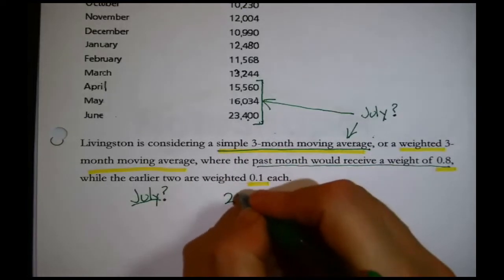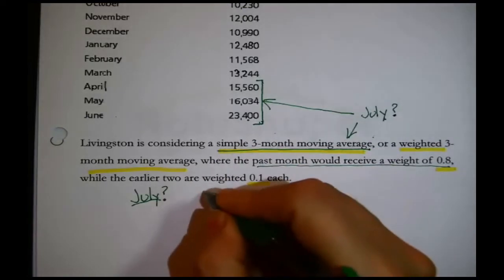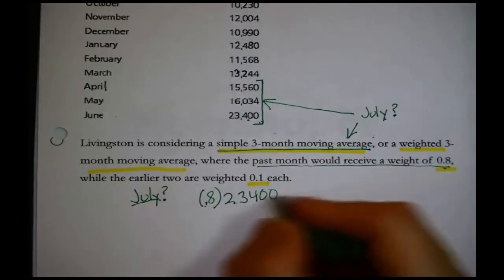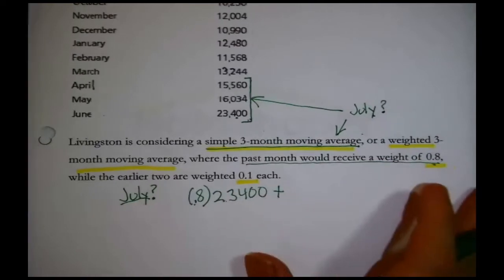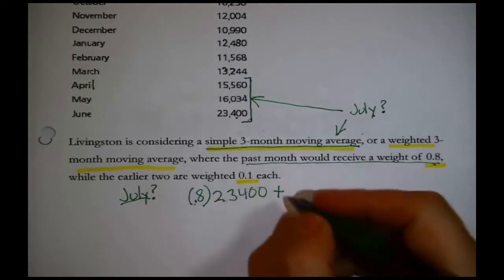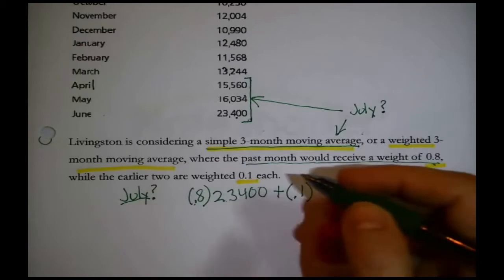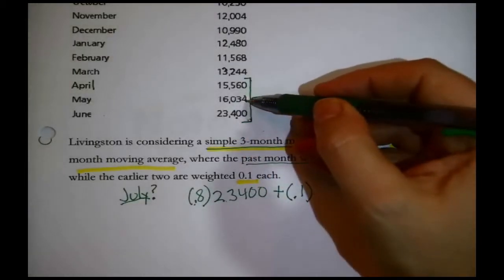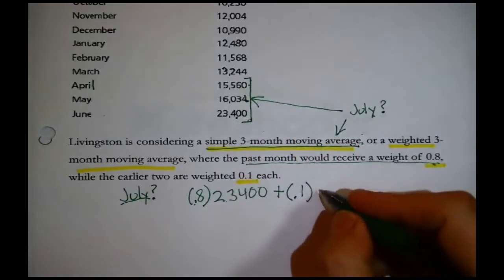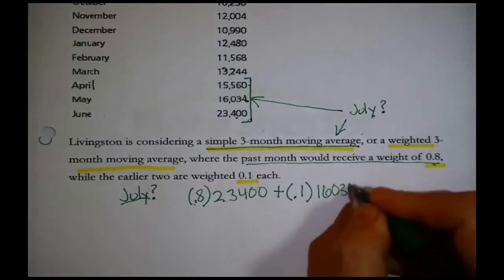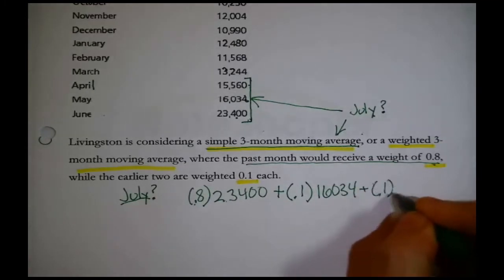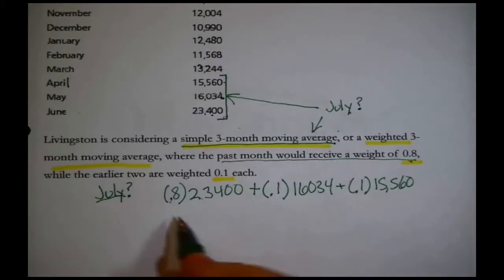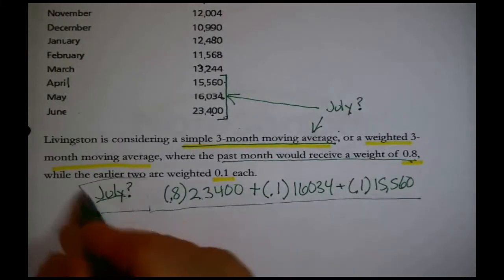You take that number and multiply it times the weight 0.8, plus there are 2 earlier months. They each get a weight of 0.1, but you'd have to retrieve what they were. In the case of July, they would be the actual for May and the actual for April. I would just fill in those numbers. That would get me the forecast for July.